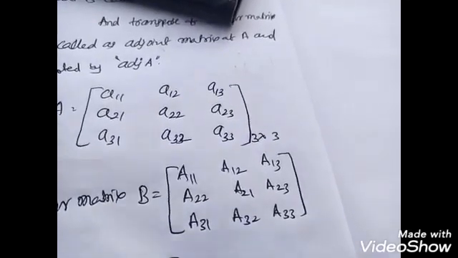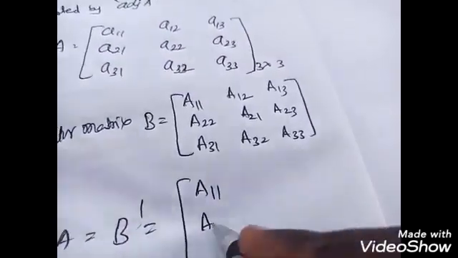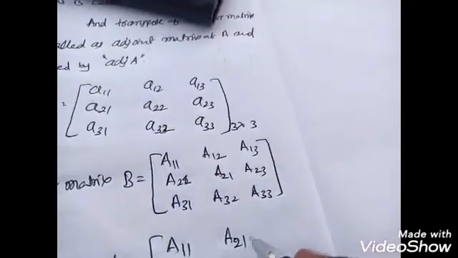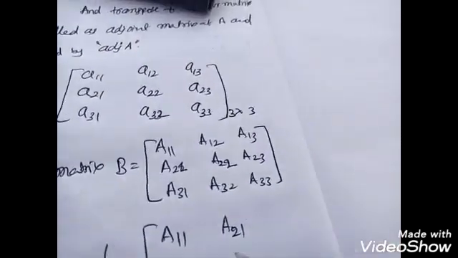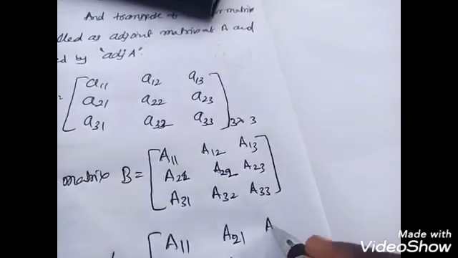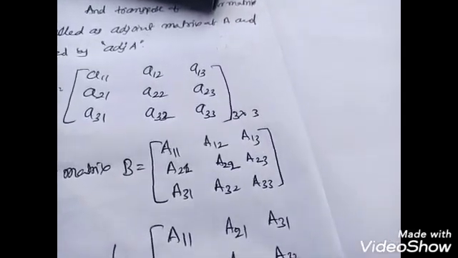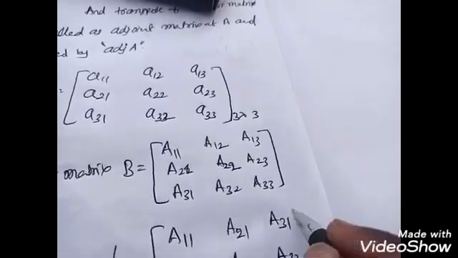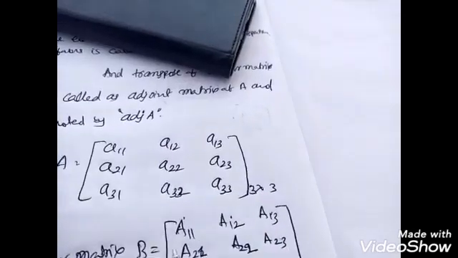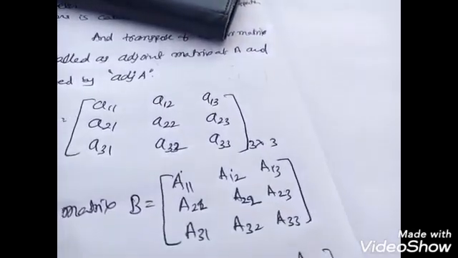Observe there: A11, A12, A13, A21, A22, A23, A31, A32, A33. Cofactor matrix means the elements are replaced, A11 by capital A11, A12 by capital A12, and so on.